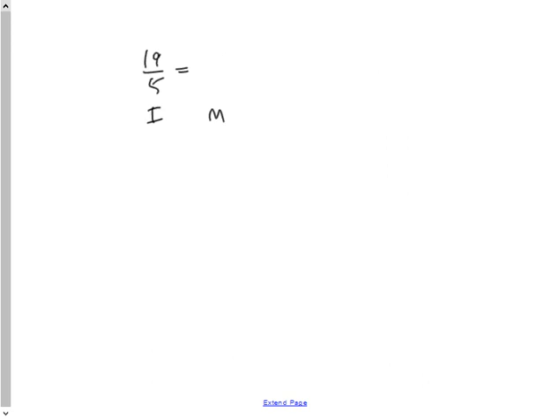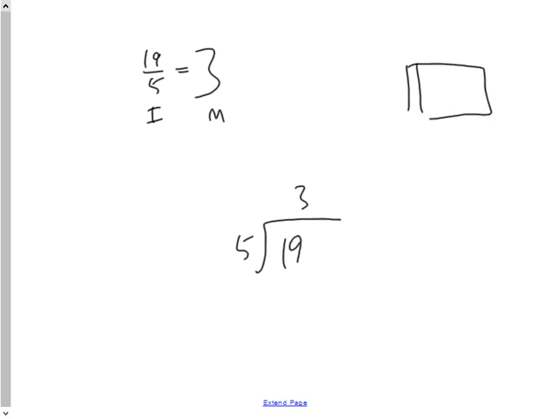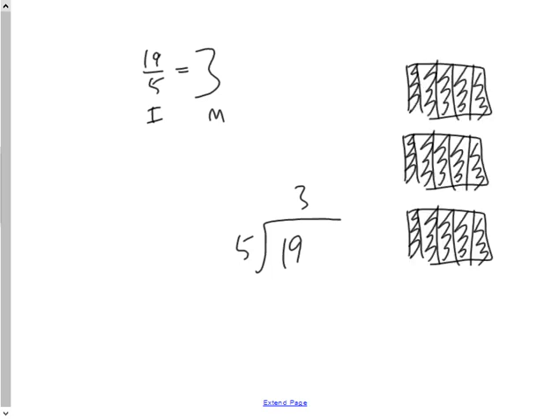Now your next question says 19/5 as an improper fraction is what as a mixed fraction? So if you take 19 and divide it by 5, you ask, how many 5s are there in 19? And you said 3. That is your whole number, because if I was to draw this, this is what it would look like in terms of how many fifths there are.